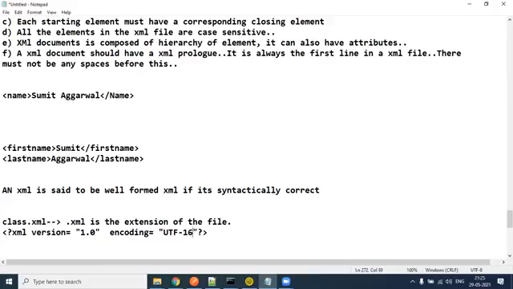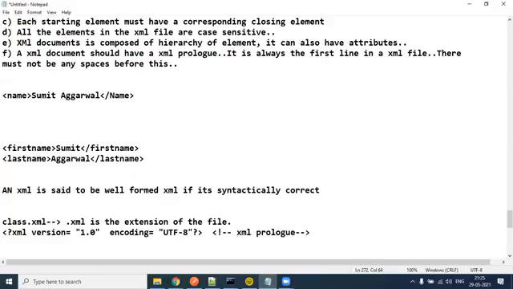Then you have UTF-16, which covers more character sets, but the representation will be much lengthier. Generally you will see UTF-8 or 16 being used in the industry, and this is also called the XML prologue.